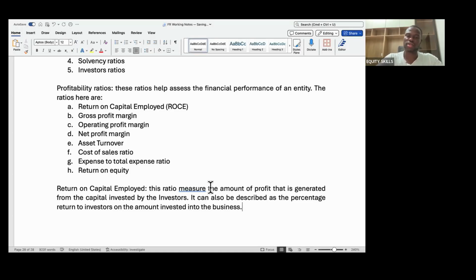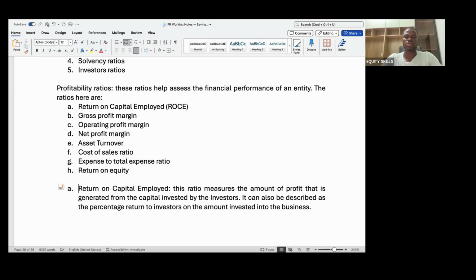So basically, this ratio measures how much return an entity is able to give back to its shareholders. That's what this ratio majorly looks at.